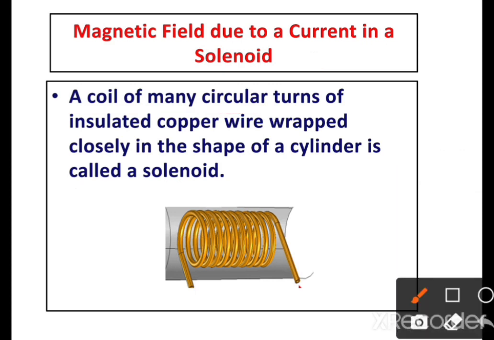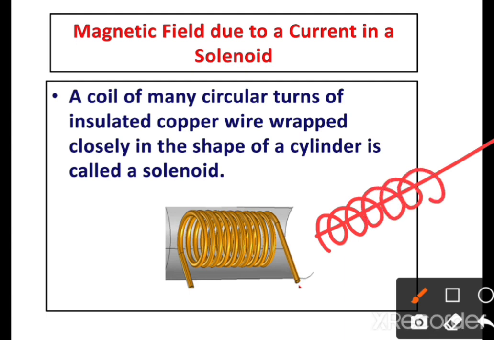You have to take a pencil and any wire, and just wrap it around the pencil. This is called a solenoid. So a coil of many circular turns of insulated copper wire wrapped closely in the shape of a cylinder is called a solenoid.